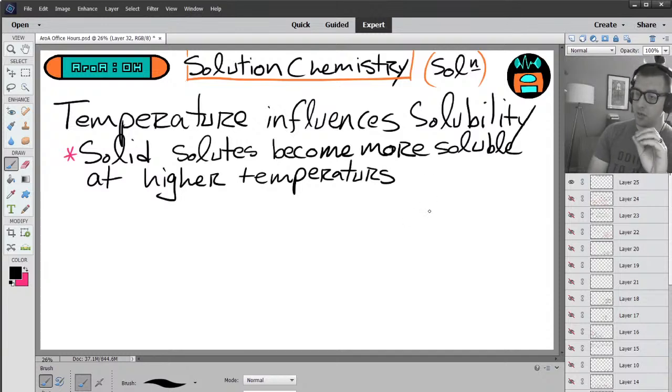All right, solid solutes become more soluble at higher temperatures. I should say in liquid solvents.